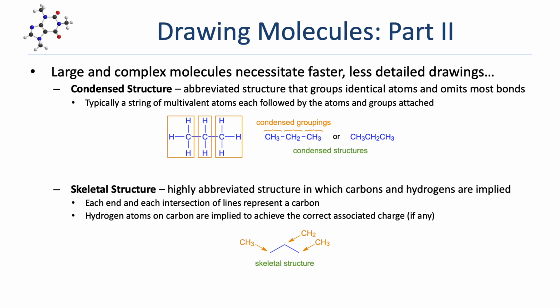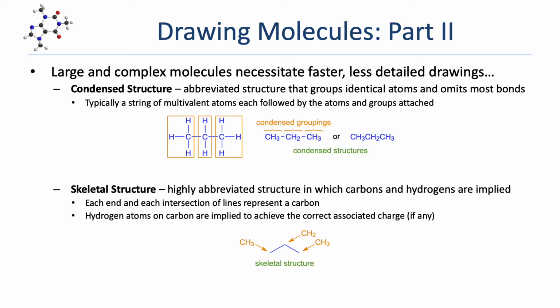When you look at a condensed structure, what typically is happening is we take each multivalent atom and we see what monovalent atoms are attached. And then we indicate how many of those atoms there are with a subscripted number. So if you look at propane, the leftmost carbon, that's a multivalent atom, and it's bonded to three hydrogens, which are monovalent.